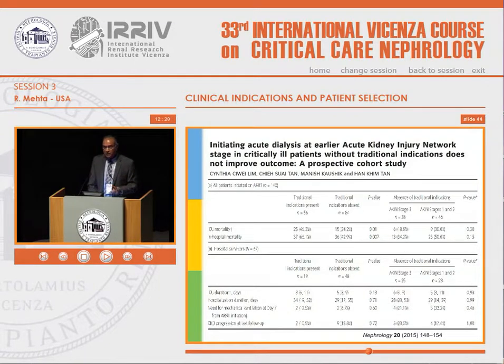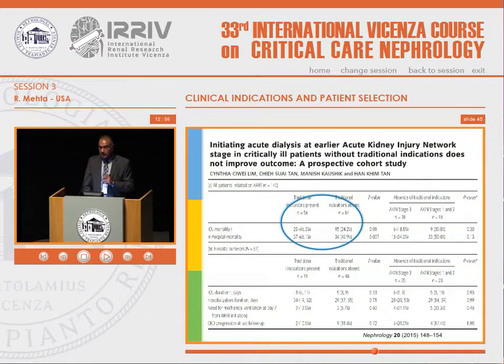So does that mean that we are actually skating on very thin ice in this setting when we say we've got indication-based approaches, that we should start dialysis only when a certain level is met? We actually start to open up our thought process a little differently and ask the question: for example, here the traditional indications are absent. You can see those in terms of ICU mortality and hospital mortality are significantly lower when these traditional indications were absent.